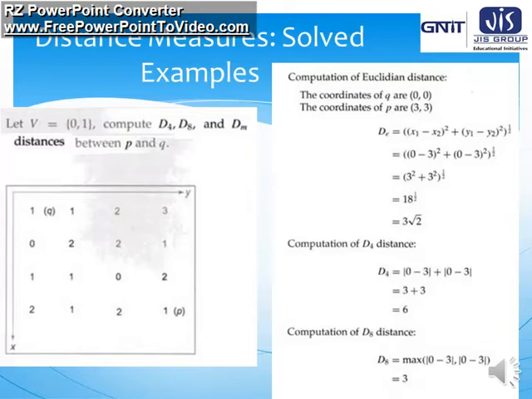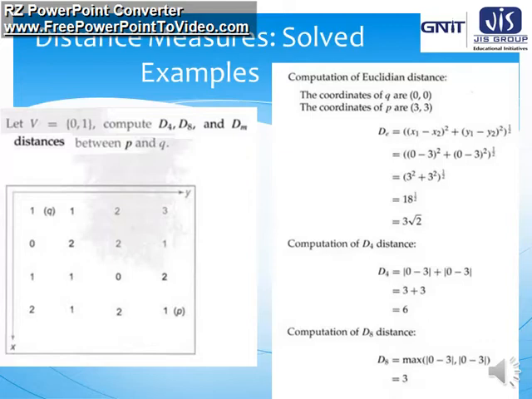Now let's take a solved example. Let us compute the D4, D8 and Dm distance, and the corresponding Euclidean distance between P and Q. Here we have taken the 0, 0 position as the corresponding Q, and counting 0, 1, 2, 3, this is 3, 3.